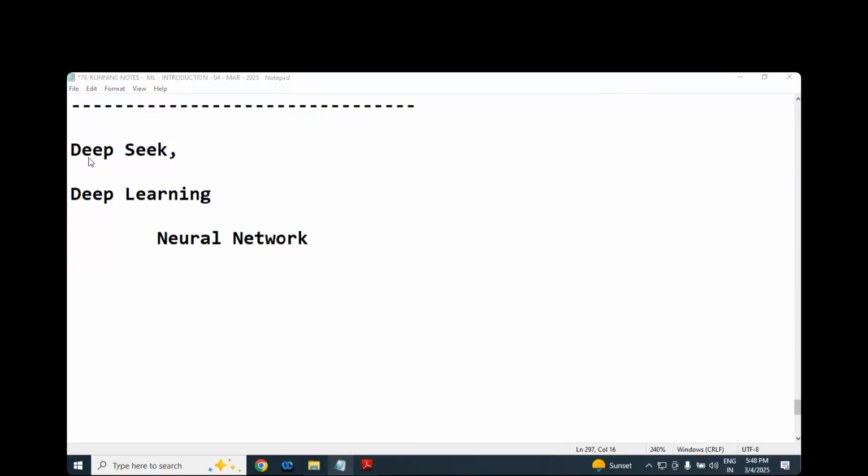I'm sorry, just because of the word deep, don't compare them. But what you need to understand is that deep learning uses a neural network in the backend. DeepSeek also uses deep learning in the backend, but there is no relation between DeepSeek and deep learning as such. Did you understand or not, sir? I will talk about what a neural network is later.